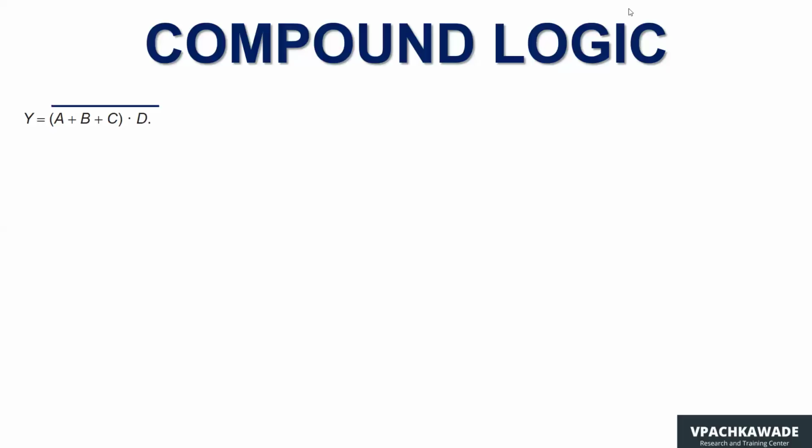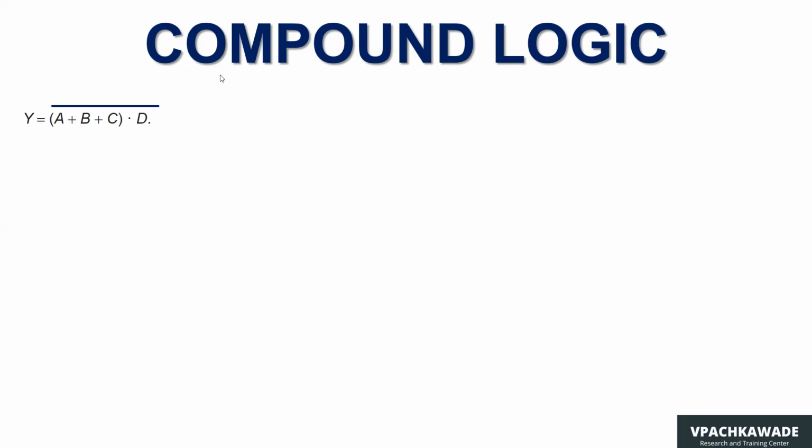Hello, very welcome. And now we are continuing our discussion about CMOS compound logic. In a previous module, if you are new here, we covered how we can implement compound logic using CMOS transistors.